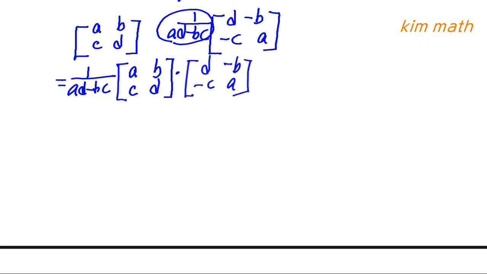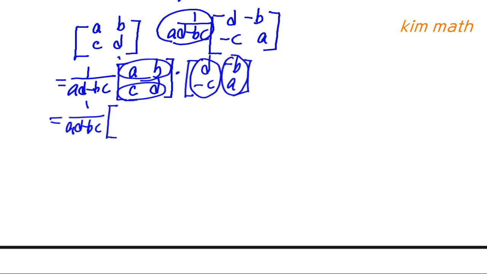Now we will use the definition of multiplication. Remember that. So 1 over AD minus BC. First row, first column. So AD minus BC, right? How about, let me use the highlight pen. How about this and this?